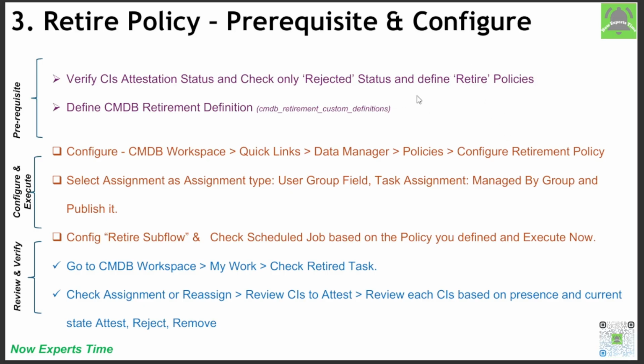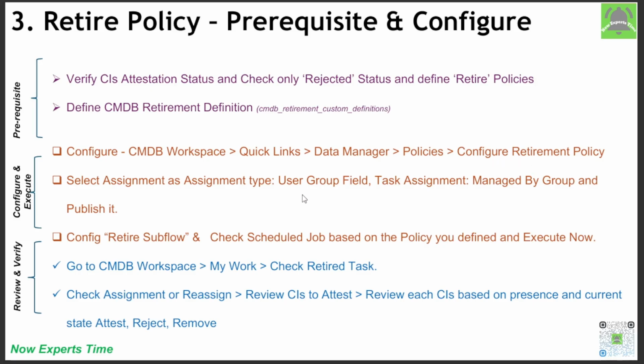Before defining this retire policy, there is one more table we need to define to explain the end of life of our CI. Whatever configuration we need to do, we define in this table itself. Next, as usual, go to CMDB workspace, data manager, policies, and configure the retire management policies.